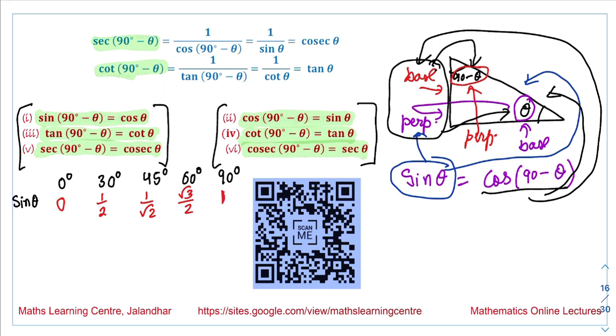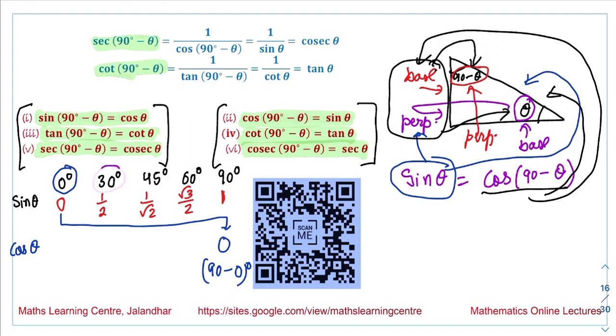When we were writing the values of cos theta, theta is 0 degree over here, so the angle we are talking about at this point is 90 minus 0 degree. Both these values should be equal, and the answer we write is 0.